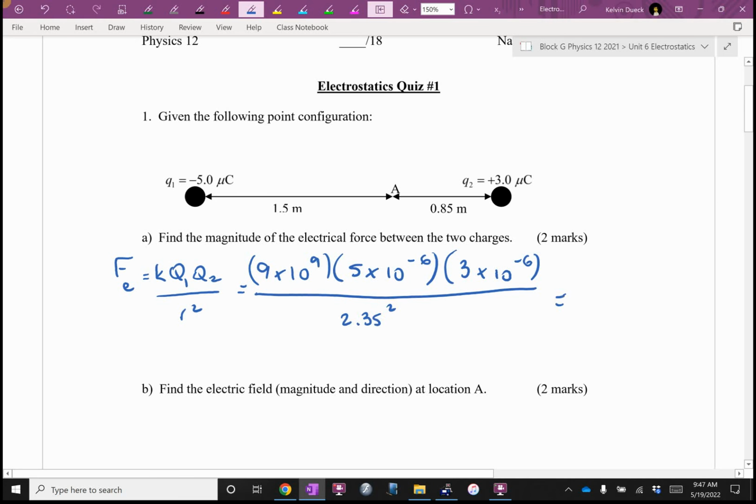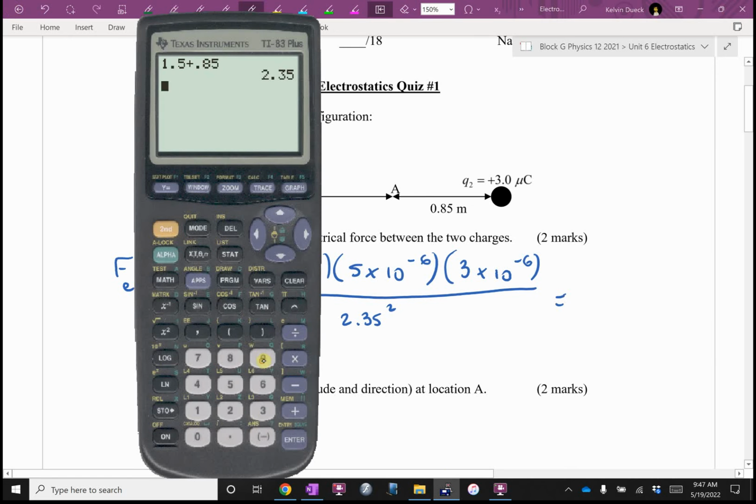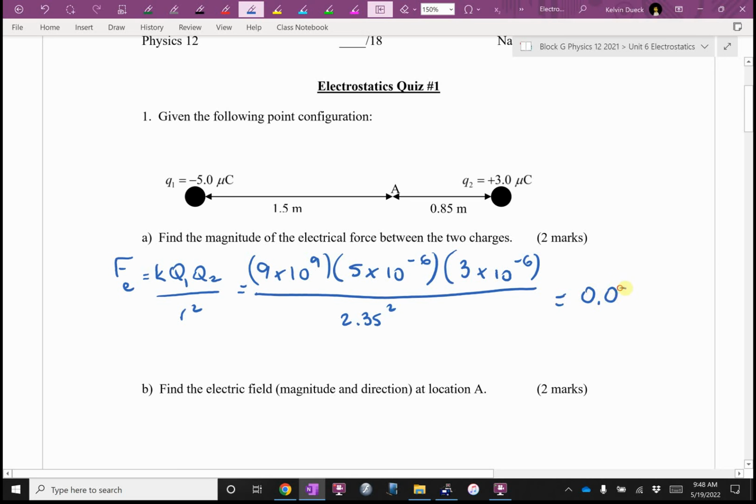I get a magnitude of... Are there typos there? It looks good. Do you get 0.02444 newtons?